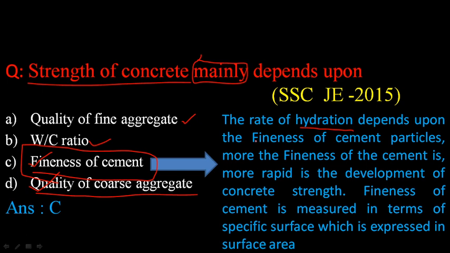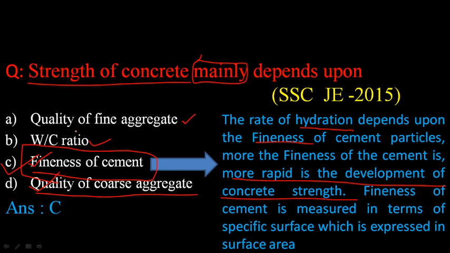The finer the material, the more the surface area, and the water we added will contact more area, so the heat of hydration will be more. So the strength gain will be more rapid in the concrete. That's why, the more the fineness, the more the surface area, and the more the development of concrete strength. That's why fineness of cement is the correct option among the four options.